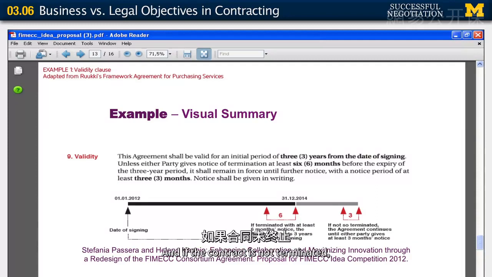And if the contract is not terminated, then the second 2 red arrows indicate that it can be terminated at any time on 3 months' notice. So I apologize, this is so small, but basically with one line, you've captured visually what all those words intended to say.